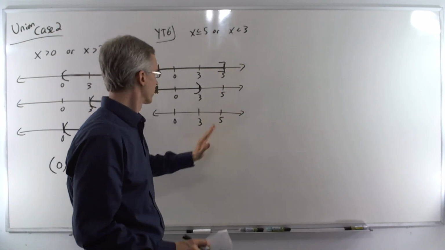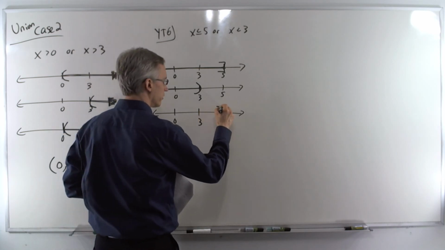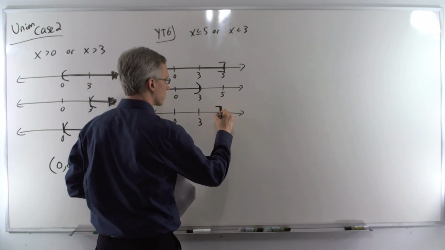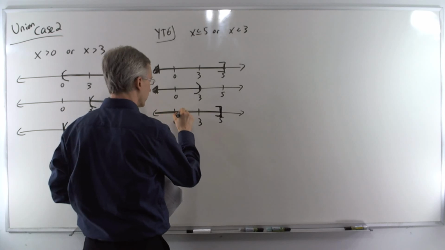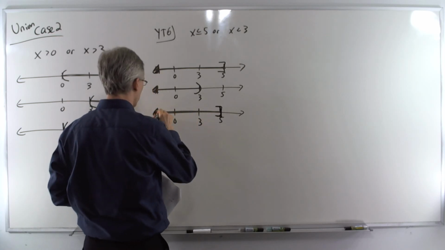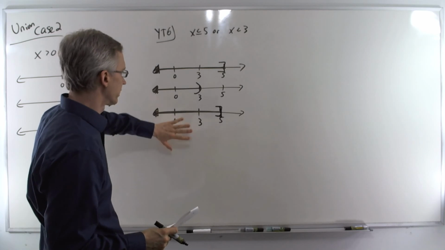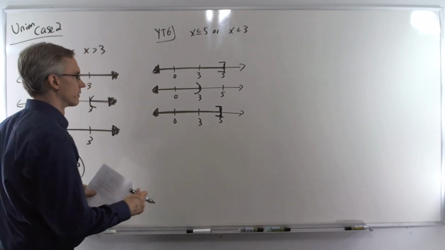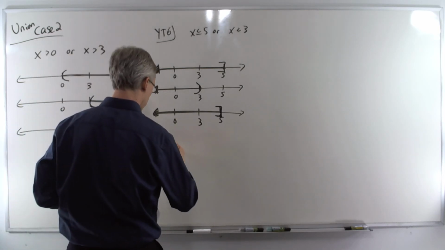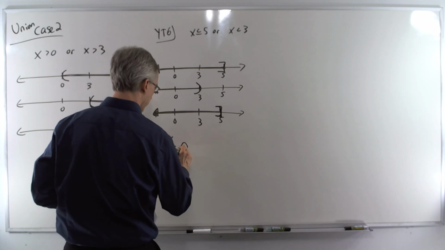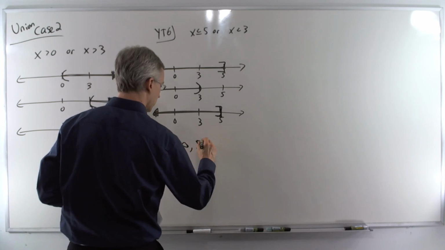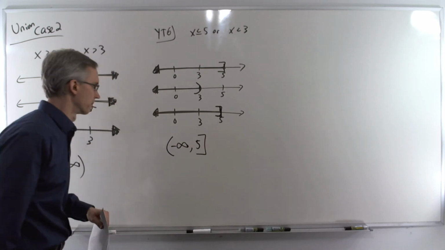Over here we have 1, that's enough for a union. So bracket and shade all the way to the left. And then this part is already covered, so we don't need to add any more, and there's the graph. And so this will be negative infinity to 5 with a bracket.